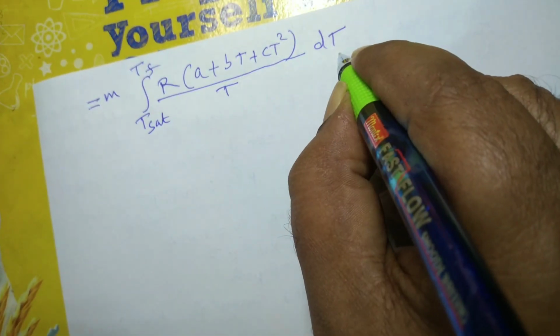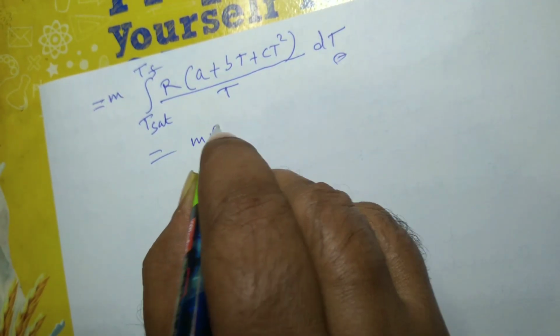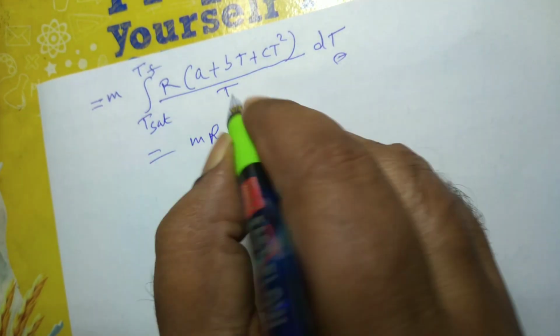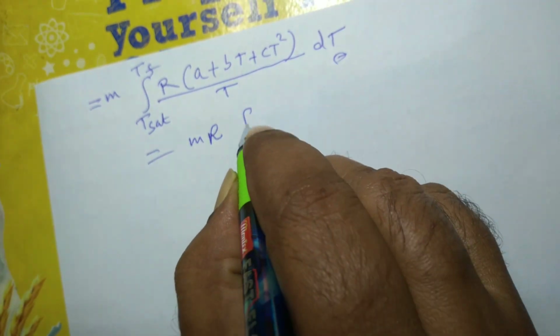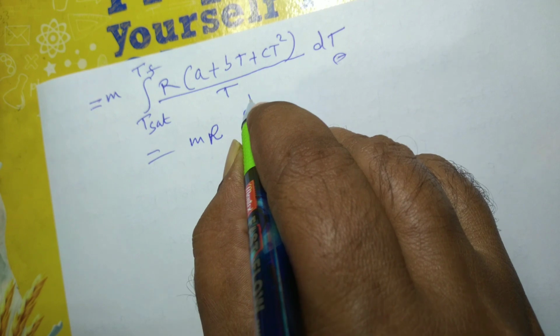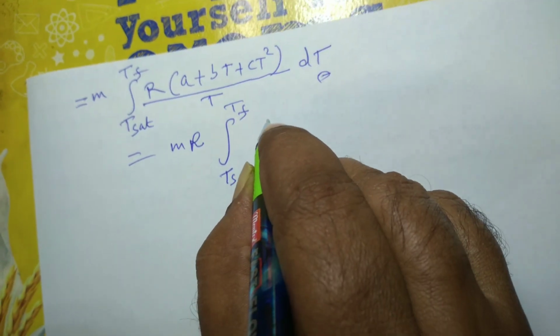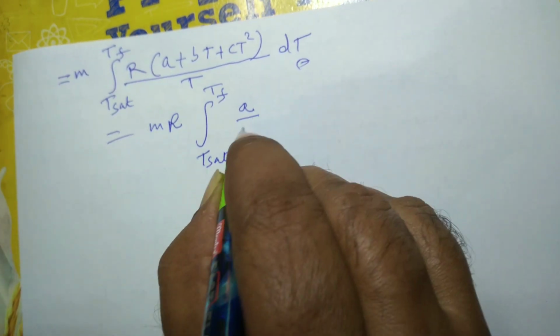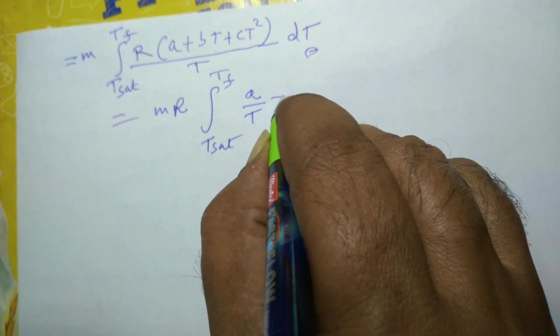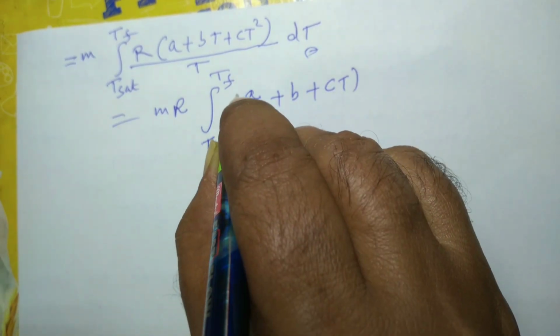So this is equal to mR, both being constants, can be taken outside the integral sign. The integral from T saturation to Tf of (A by T plus B plus CT) dT.